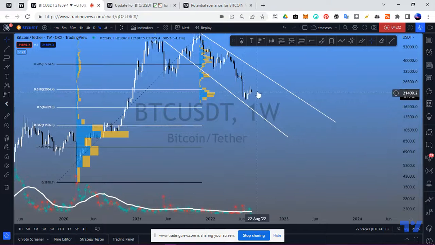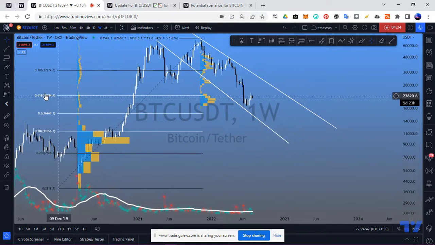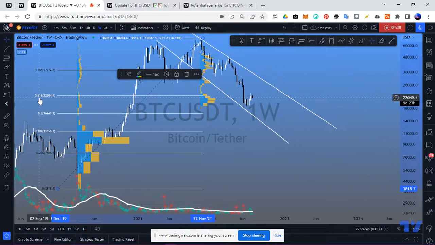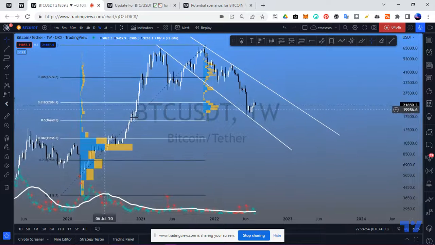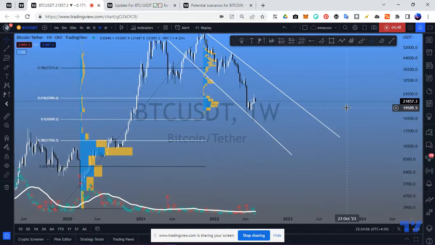Also, on this Fibonacci retracement, the 61.8, 50 and 38.2% are the most important retracement levels.